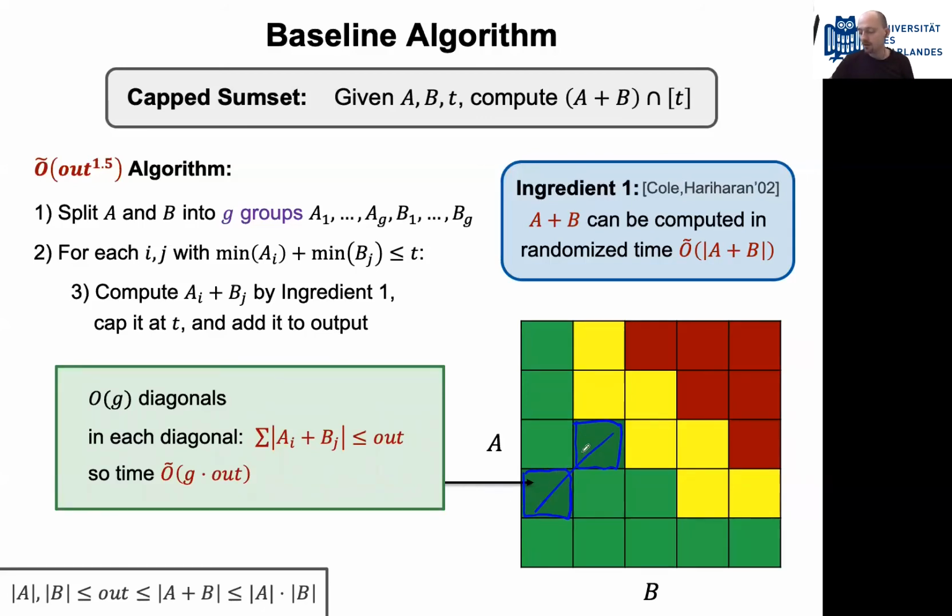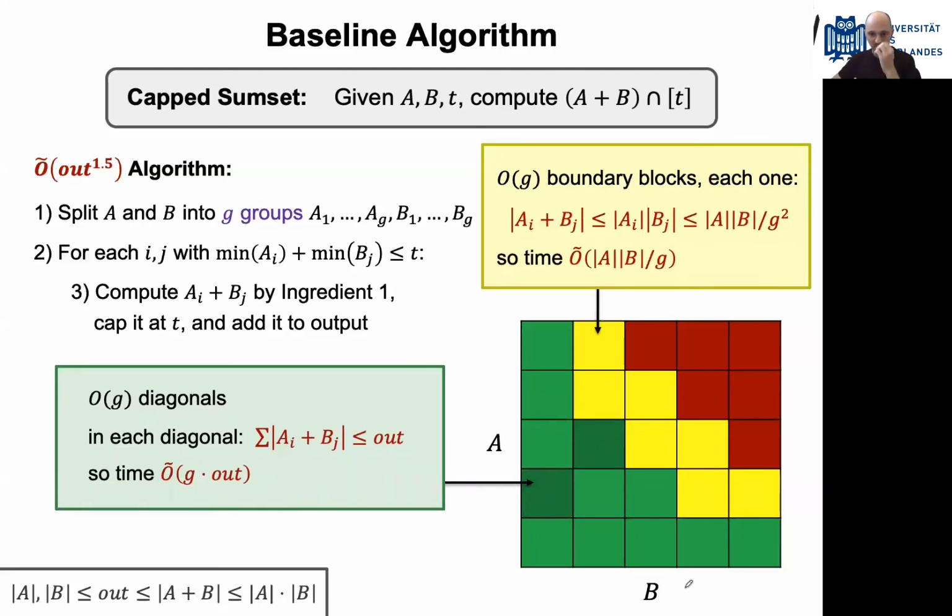So even the total output size along a diagonal is upper bounded by the output size. Because we have basically g many diagonals, the output size for the green boxes in total can be bounded by g times out.